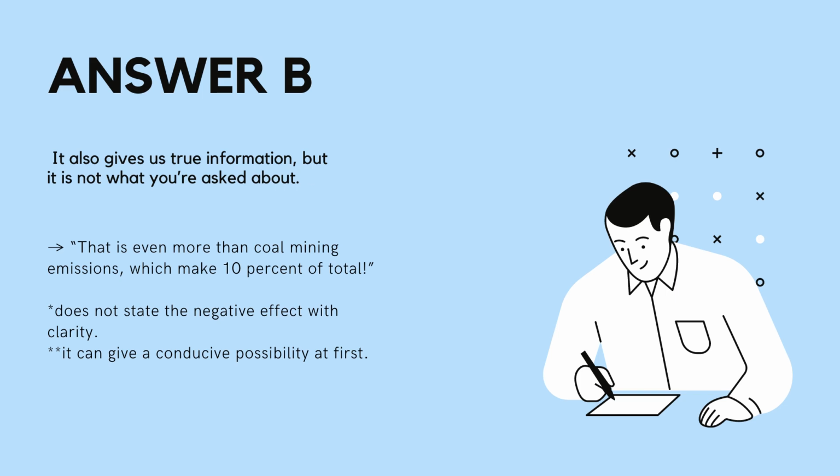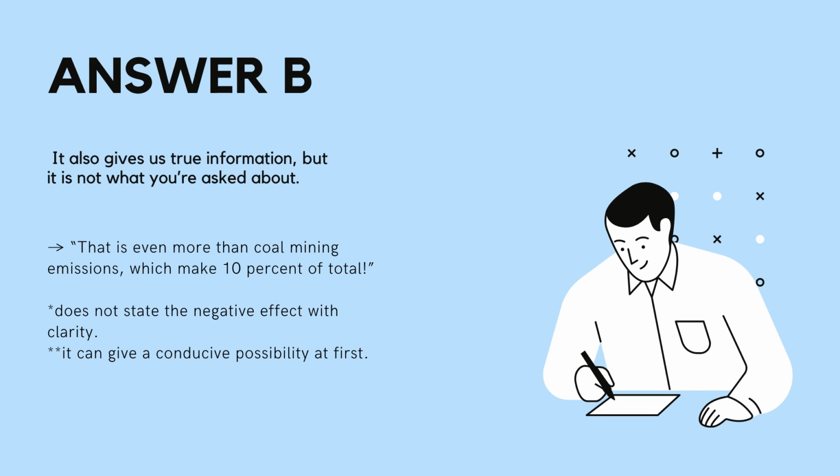Answer B also gives us true information, but it is not what you are asked about. Look at the third sentence, which contains the information in answer B: even more than coal mining emissions, which make up 10% of the total. This sentence is used only to highlight the negative effect, not to state it.